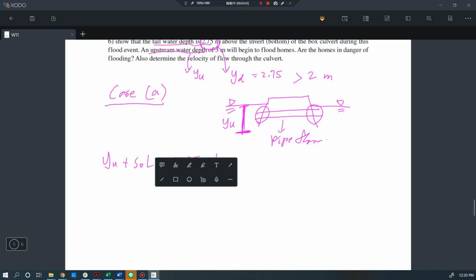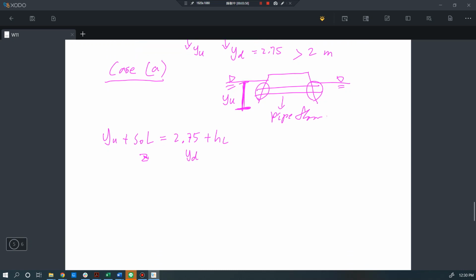This is Z, essentially, and this is YD. We set the datum at the downstream area to be 0, so we actually add a 0 here. This is Z down. This is Z up.